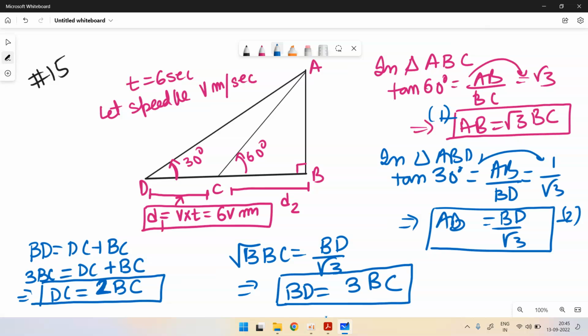So this distance D2, which is BC, equals D1 by 2.